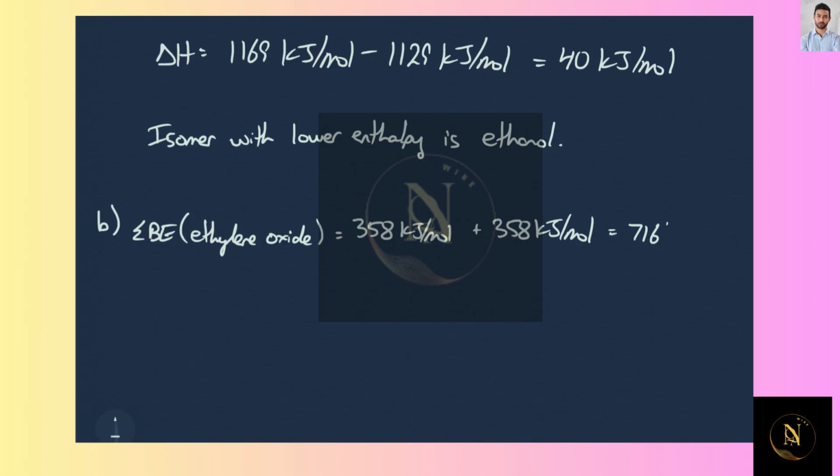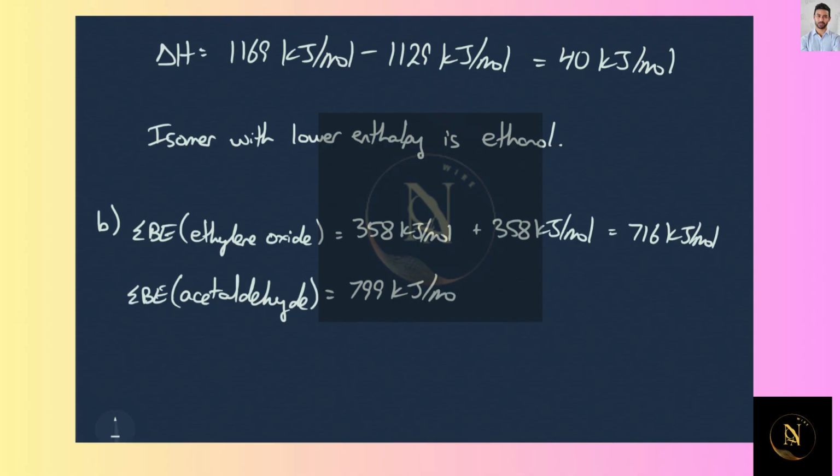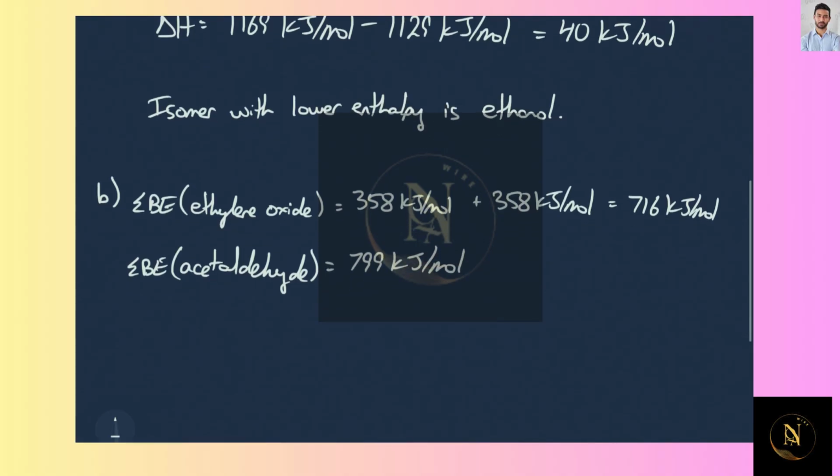And this would give me 716 kilojoules per mole. And we're going to form, this is acetaldehyde, we're going to form a CO double bond, which is 799 kilojoules per mole.